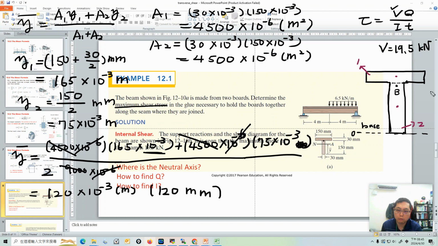Probably here is our neutral axis, and its distance here is 120 millimeter. After we have the neutral axis, we can calculate the moment of inertia and Q, and determine the shear stress of the B.